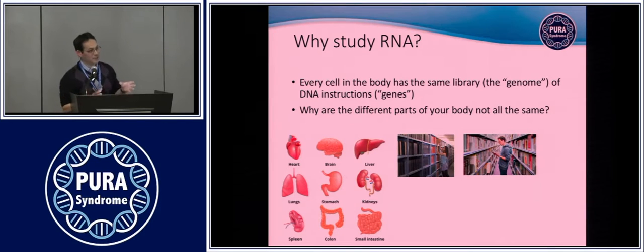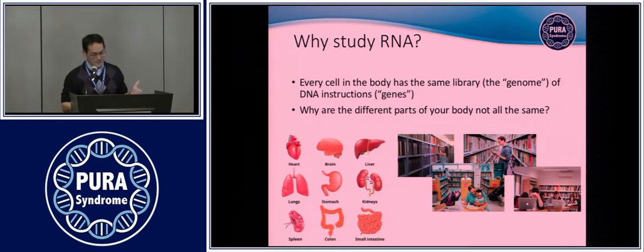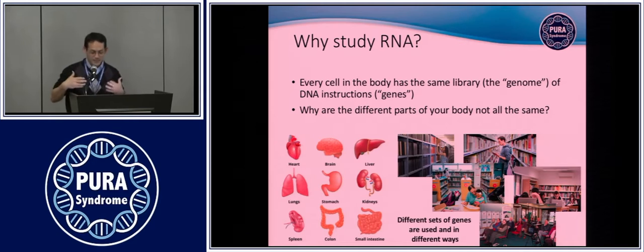So in the first instance, you're going to look at these genes and work out their recipes and what they're going to do. But in another tissue, another cell type, you're going to be interested in other copies from the library. Other people have gone to the library to find something for their child to read. Other people have just gone there to work. And people go there for a course. So there are many different ways in which you can use the information stored in your DNA, in your library.